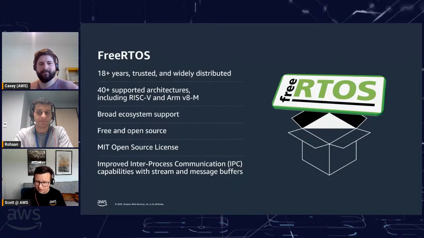We're honoured that Richard Barry, who invented FreeRTOS about 20 years ago, has joined AWS as a senior principal engineer, still working on FreeRTOS, and we continue to invest in that project. So it's in good hands, and you can run it on your stuff. It's mostly written in C, which makes it fairly easy to port over to a different range of microcontrollers. And there's a whole bunch of libraries out there in the community, some supported by us as well.